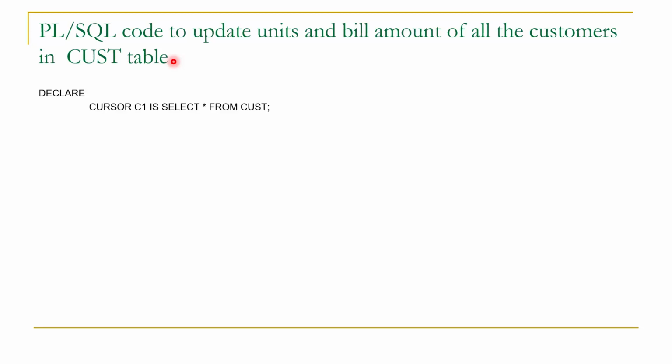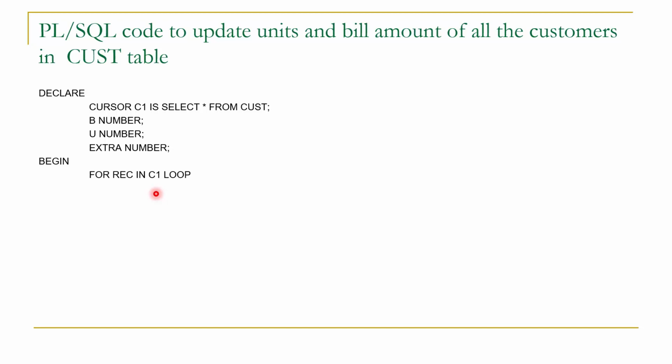In the declare section, we are defining a cursor C1 by using the statement select star from cust. Here we are declaring some variables to store the value of bill, units and extra. In the begin section, we have to fetch the values of this cursor. Here we are using a cursor for loop, using the syntax for variable name in cursor loop.